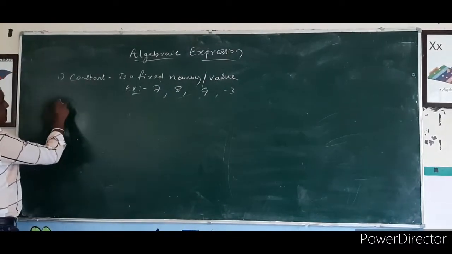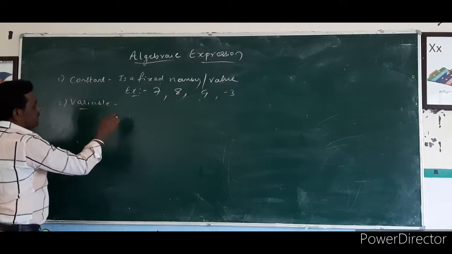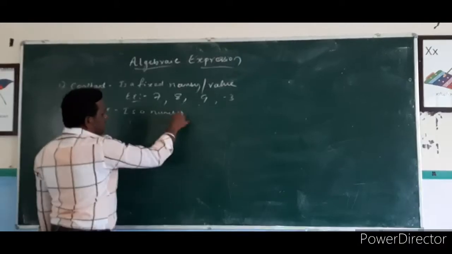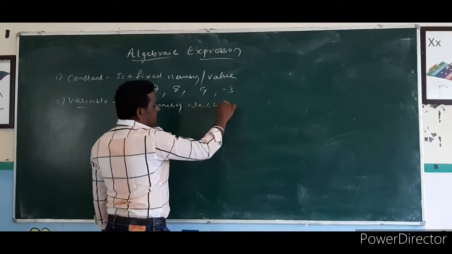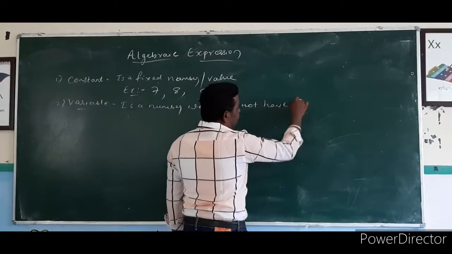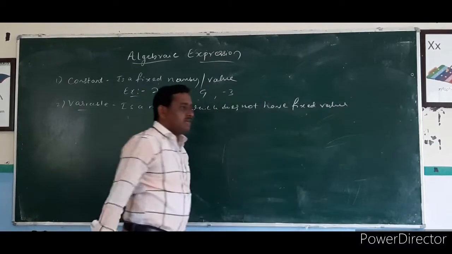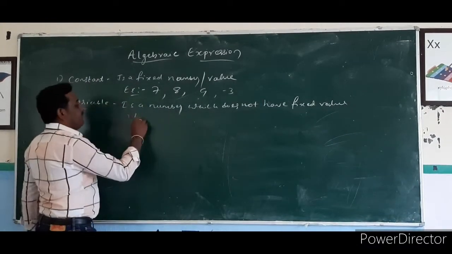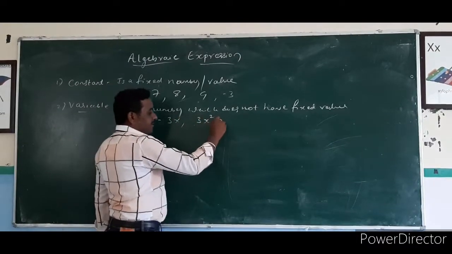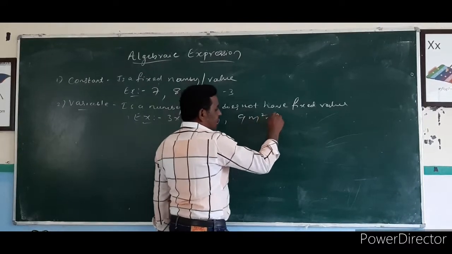Next one, variable. A variable is a number which does not have a fixed value. For example, if I am taking 3x square y, 9m square and n square, like this.